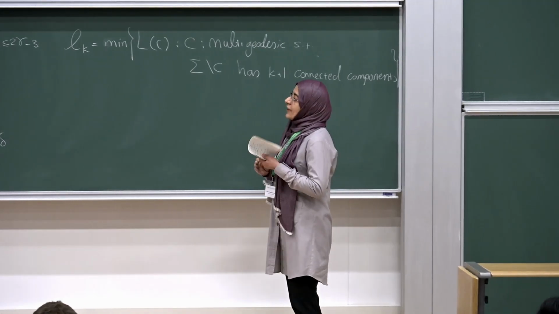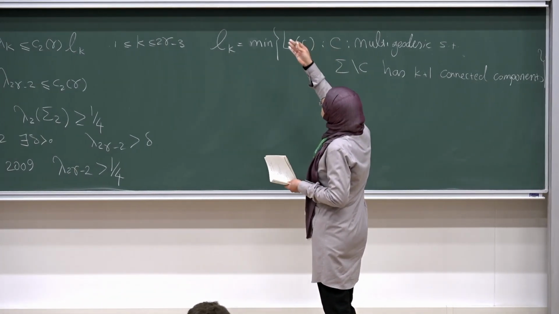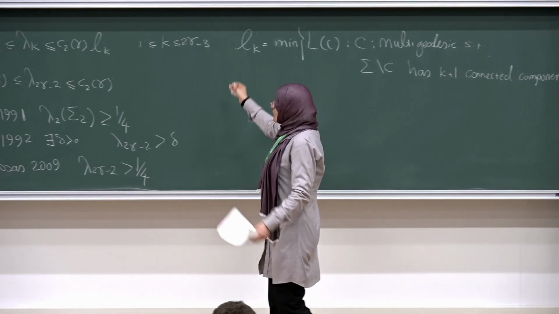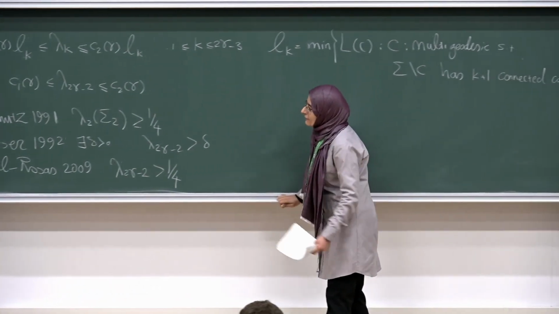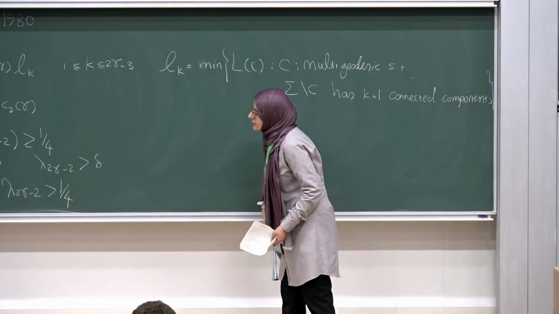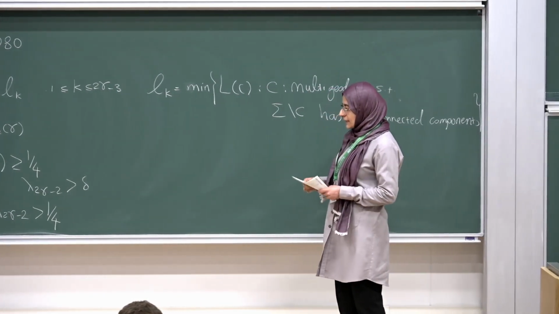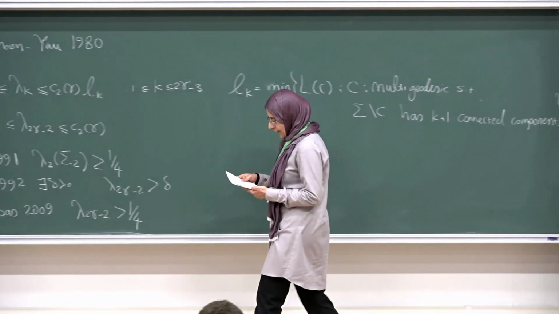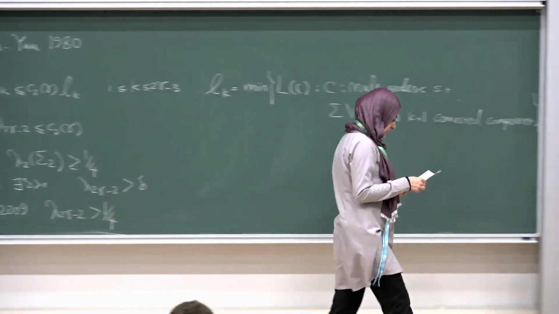So we can create at most 2γ−2 small eigenvalues. We may have none, but yeah. So λ_{2γ−2} is strictly bigger than 1/4.